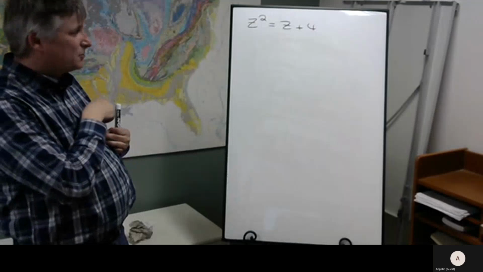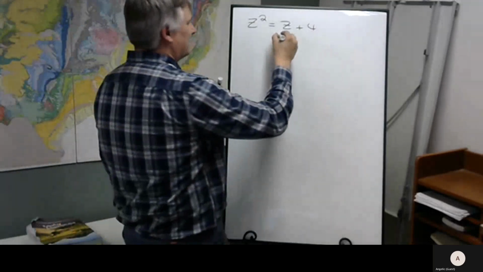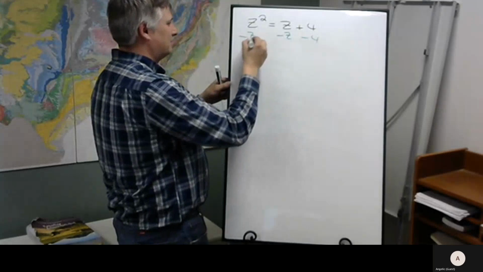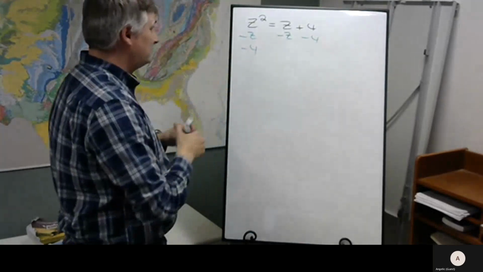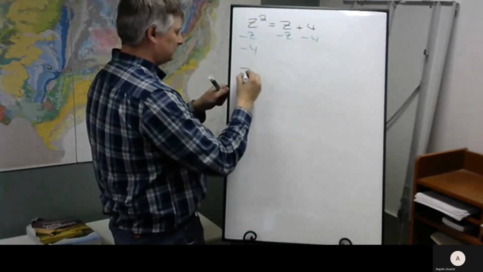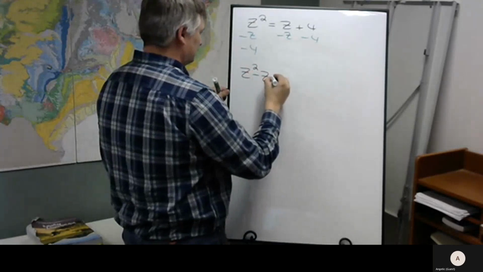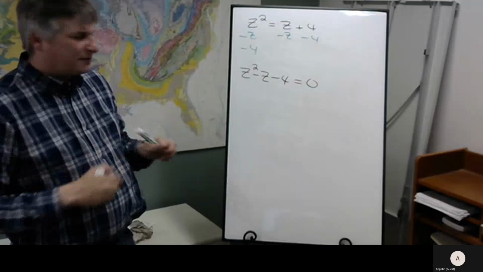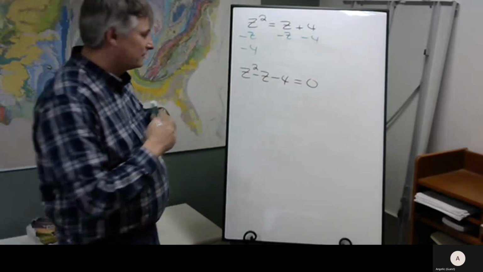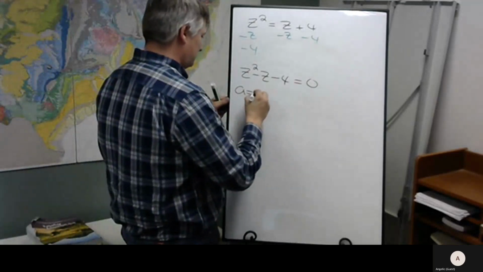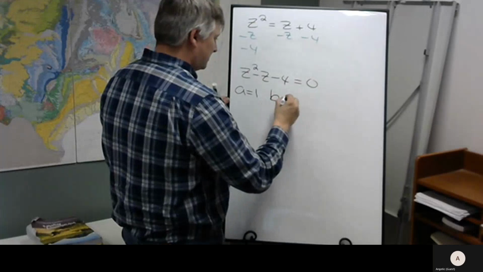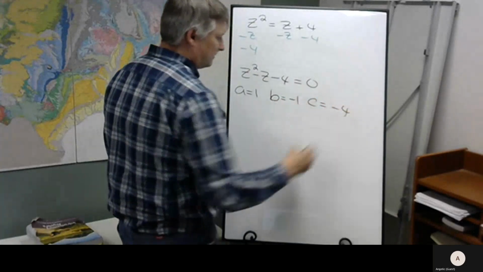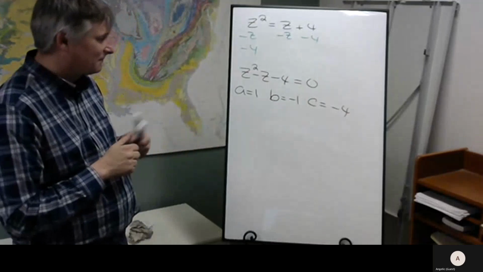What I'm going to do is subtract z from both sides and subtract 4 from both sides. So taking a look at this, my a is going to be 1. My b is going to be -1, and my c is -4.